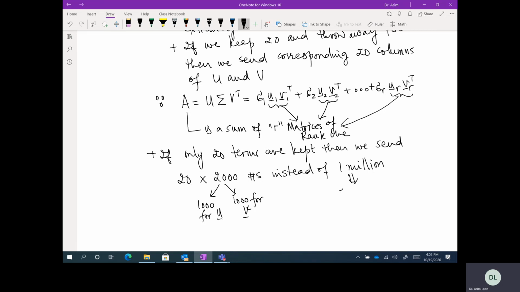This implies a 25 to 1 compression, because this is 40,000 versus 1 million.